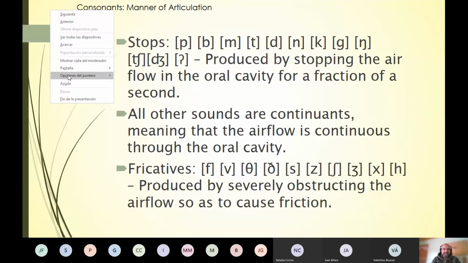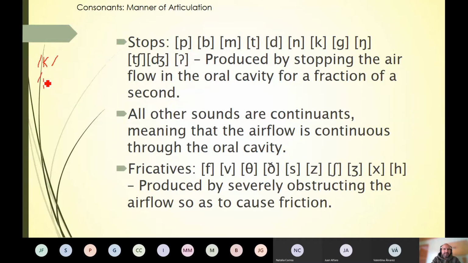If you remember, k, right? P. I don't know if you can help me with this. T. We talk about g. We talk about b. And we talk about d. Please correct me if I'm wrong, right?